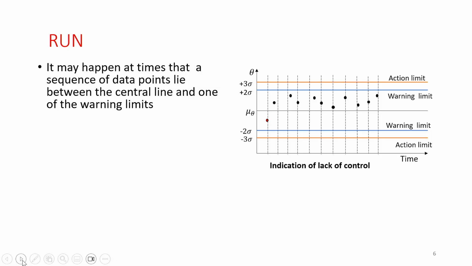They are mostly lying between the center line and the warning limits. All these points, you look the way they are falling in between. The center line is here. It is falling in between them. Such a sequence is always called a run. So it could be on the upper side, it could be on the lower side also, any side.